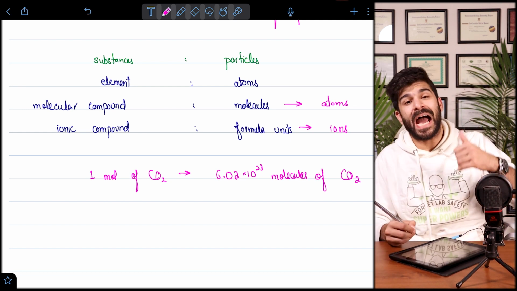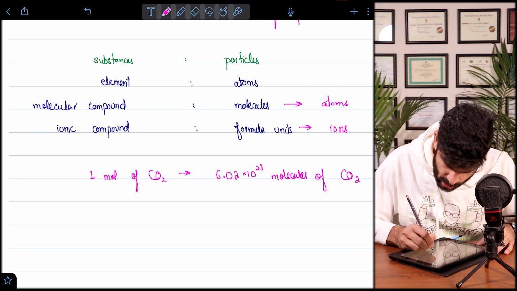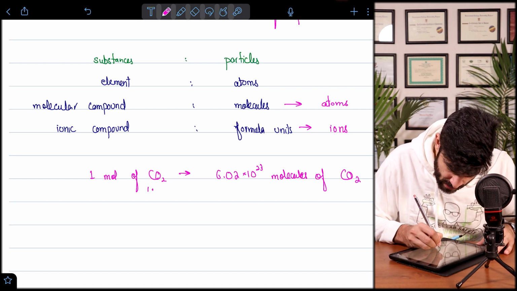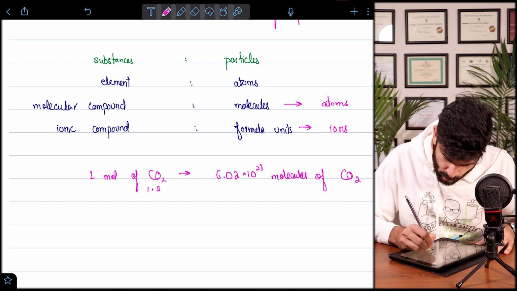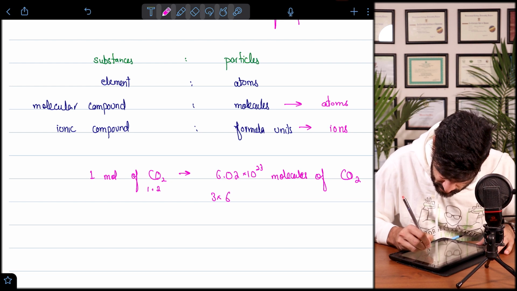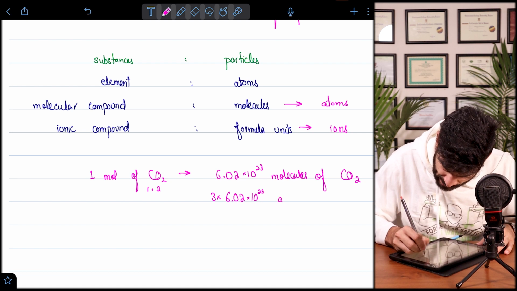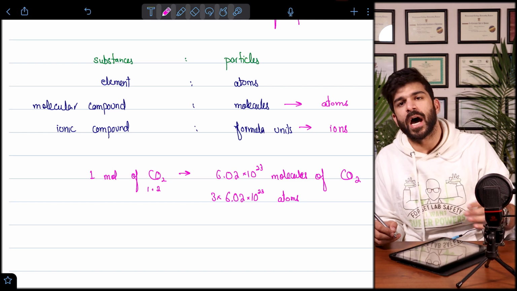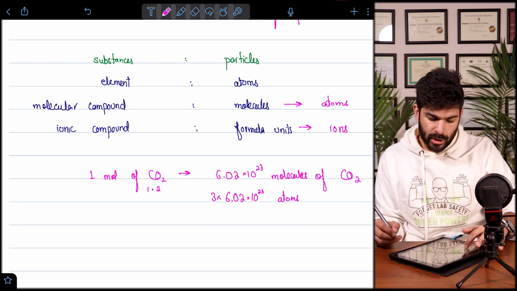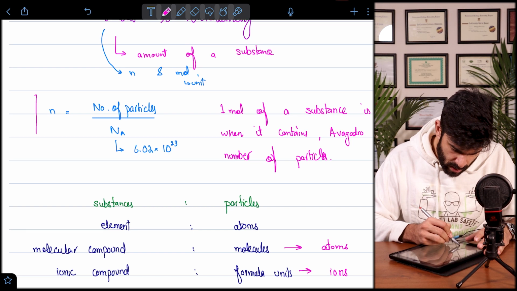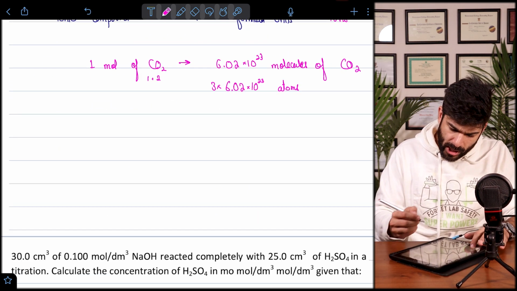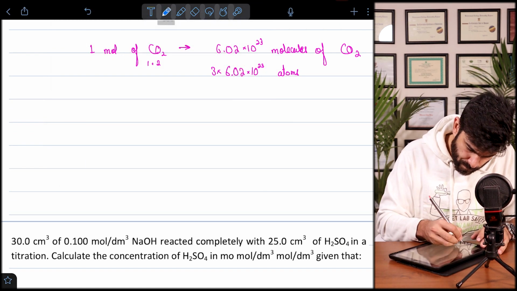But if they ask you about the atoms in 1 mole of carbon dioxide, since carbon dioxide has one carbon and two oxygen atoms, we are going to multiply this number by 3, and that will be the number of atoms in 1 mole of carbon dioxide. And the same goes with ions and formula units. So this is the first formula of moles.